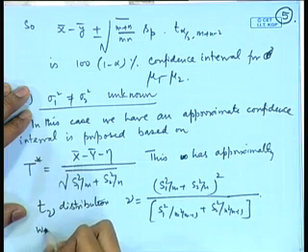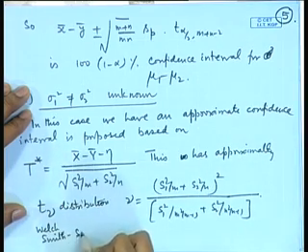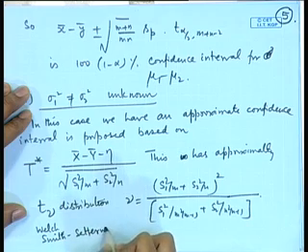It is by Welch and it is known as the Smith-Satterthwaite formula.